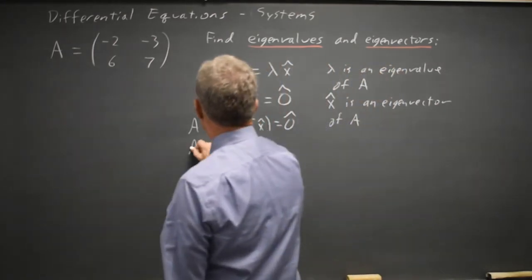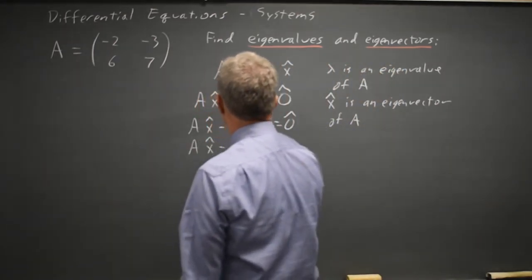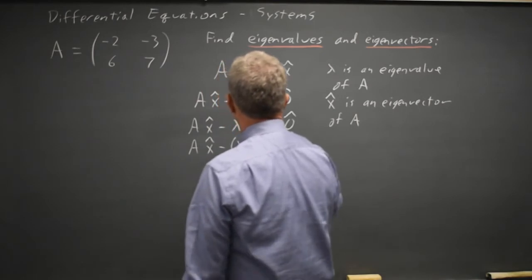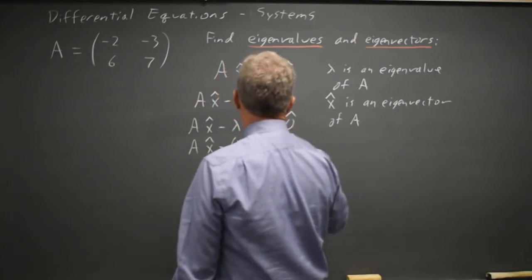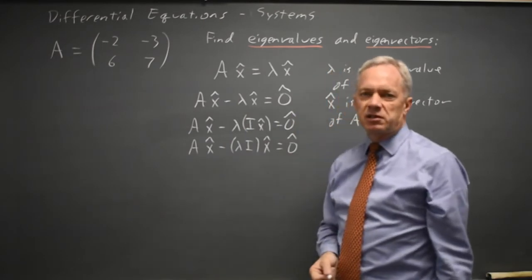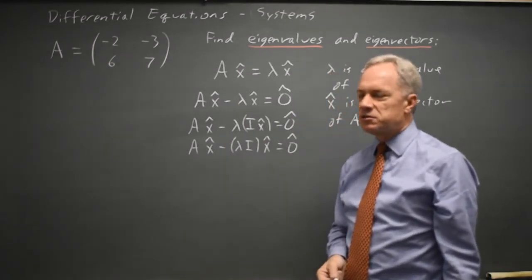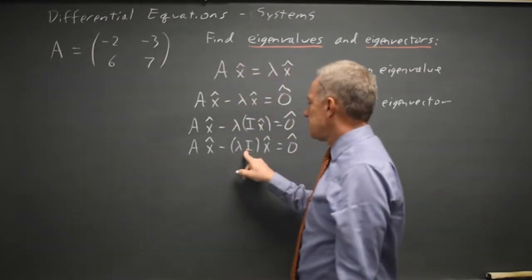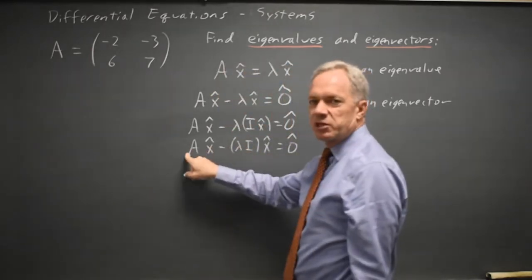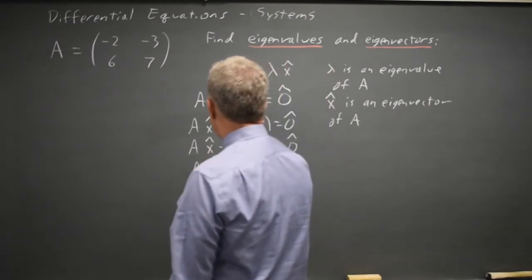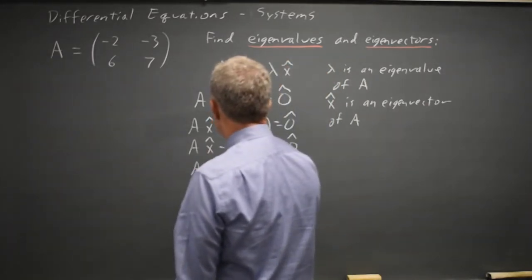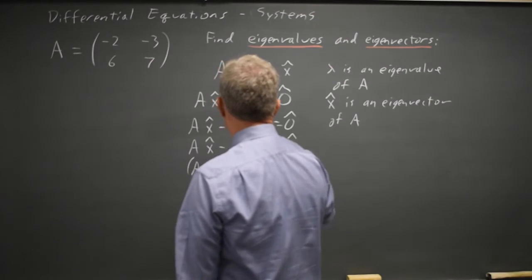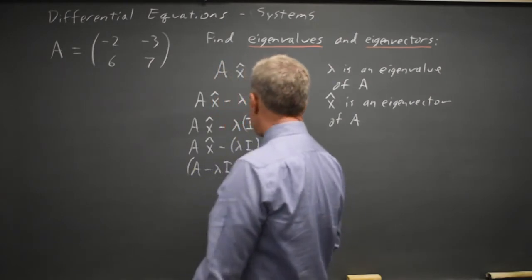And that's the same as A minus lambda I times x equals the 0 vector. You're allowed to do that because matrix multiplication is associative. You can move your parentheses. And now lambda I is a square matrix, same dimension as matrix A. So I have A minus lambda times the identity matrix times vector x equals the 0 vector.